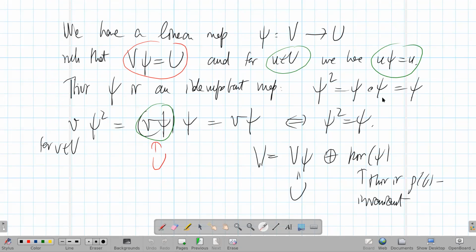And it's an important fact, though extremely elementary, that once you have an idempotent like the pi at the beginning, then this splits V as its image, which we have shown to be U, and its kernel. And I finished the lecture last Tuesday by stating that this is rho G invariant. So let's see why this is the case. This is the kernel of psi.